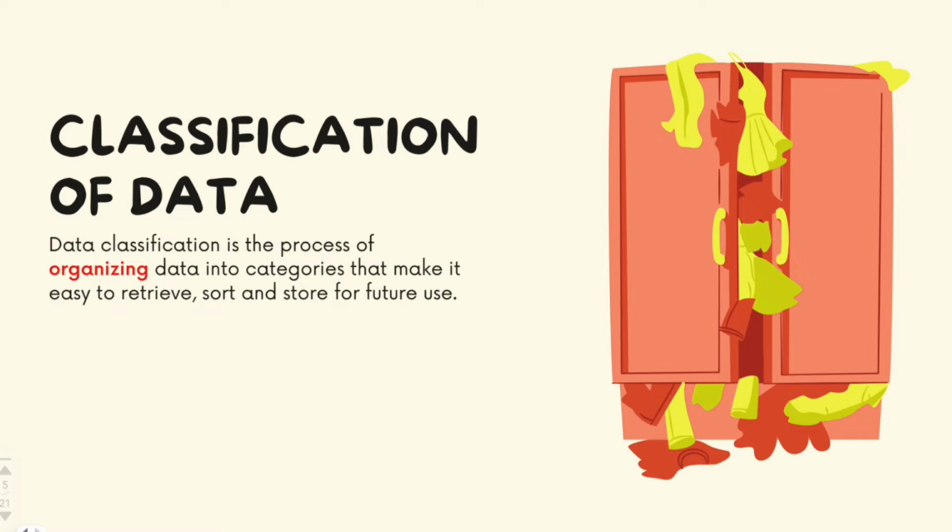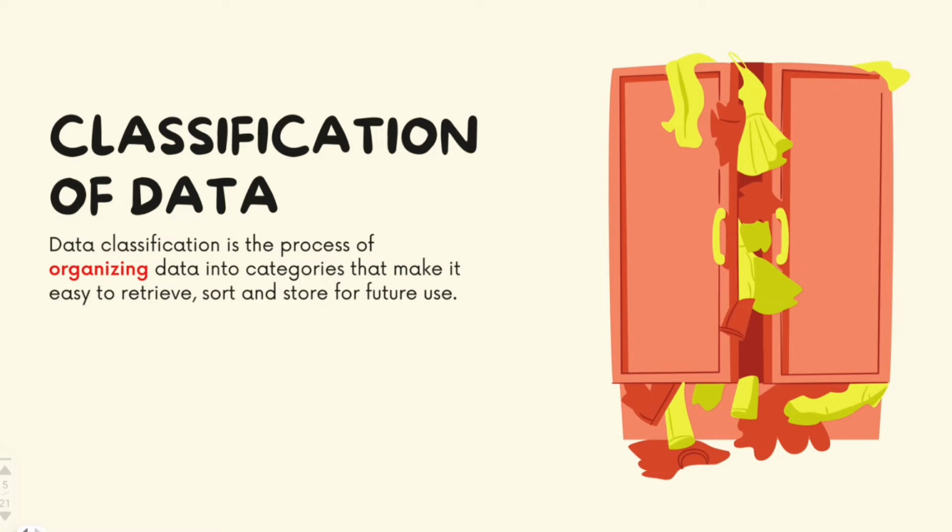Very messy. We never like to do it. So, we need to keep our wardrobes organized, right? We need to classify all our clothes into sections. All our shirts go in one place, all our pants go in another place, saris in one place, socks in another, all those things, right?